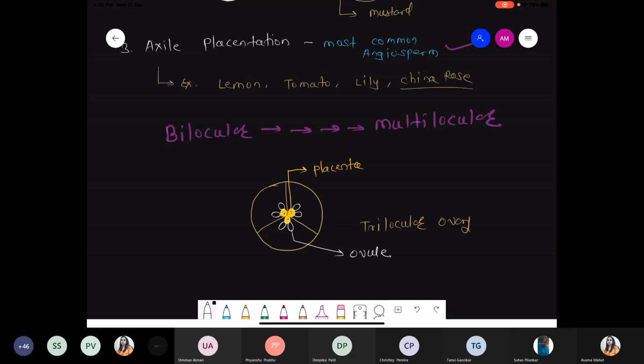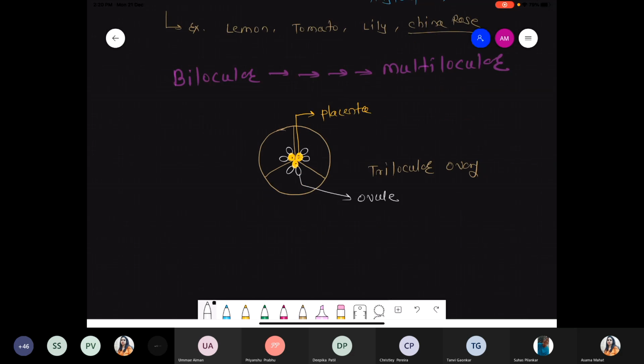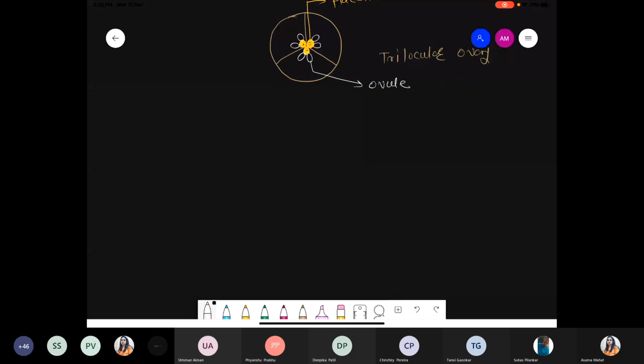Okay, good. Now next point, number 4, free central placentation. Free central placentation is again a very common example and actually a NEET favorite question, because it has been asked many times.